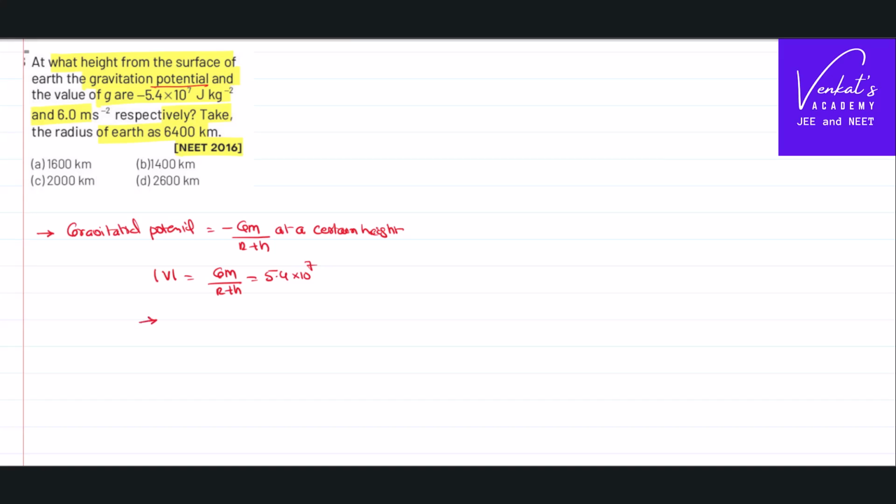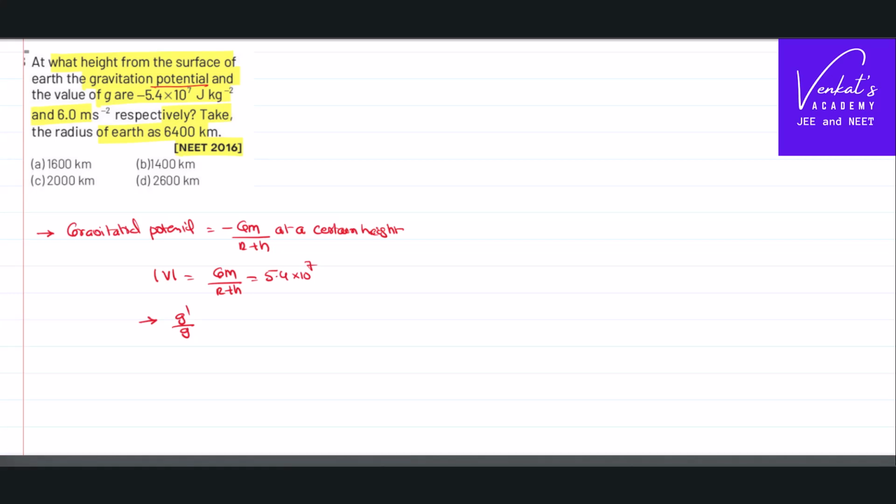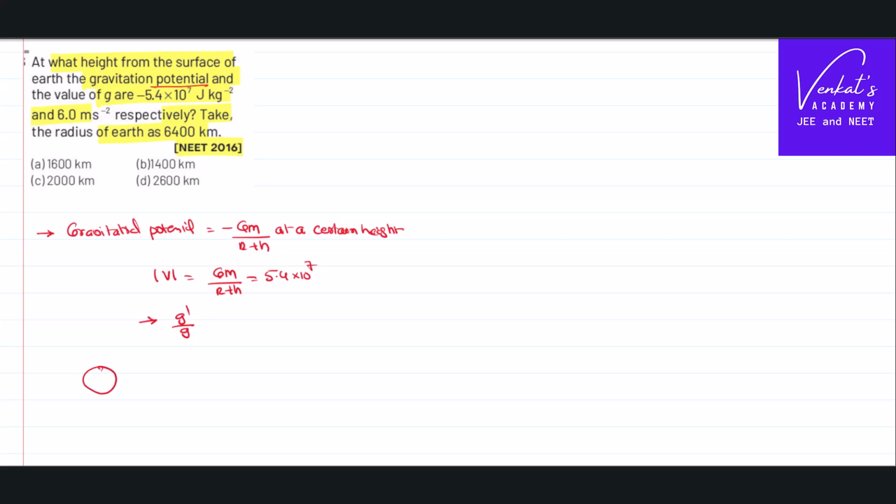Similarly, g at a certain height. Rather than using the regular formula, let me write g dash. Consider a body of mass m at a certain height, earth mass is capital M, height is h, radius of the earth is r.